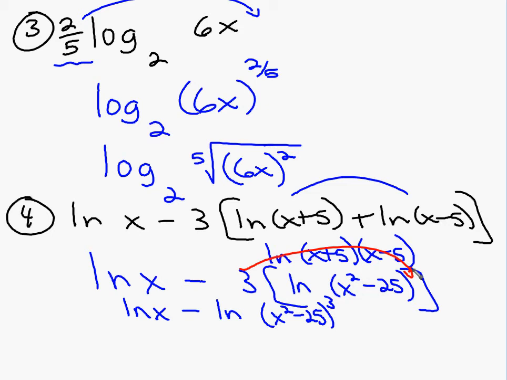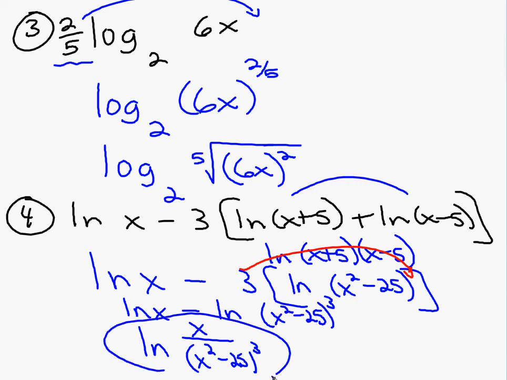Well, I go till I can't go any farther. So I can do one more thing. I can bring these two together with the quotient property, which makes this x over x squared minus 25, the quantity, cubed. And that would be my final condensed answer.